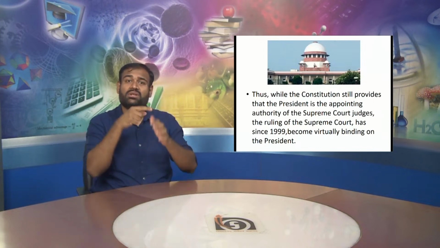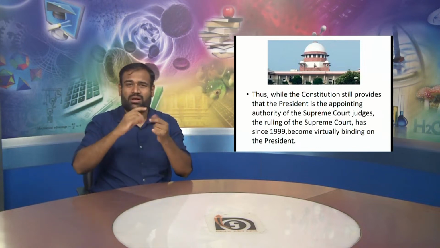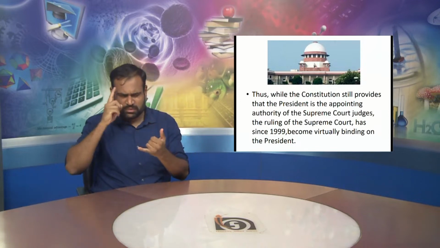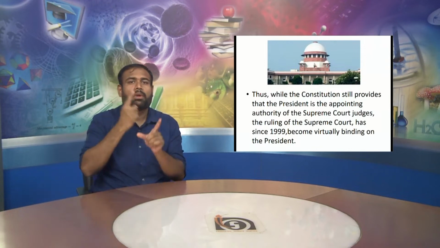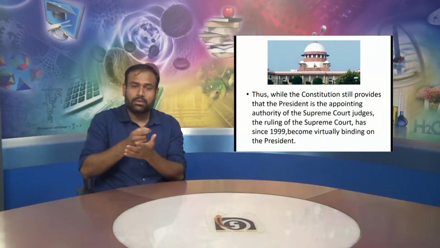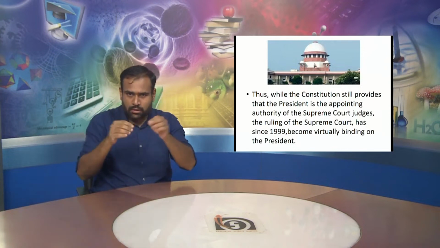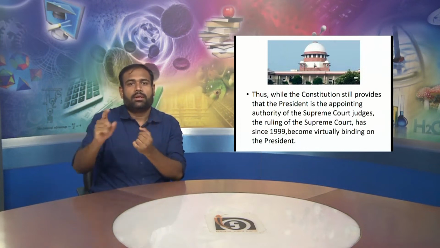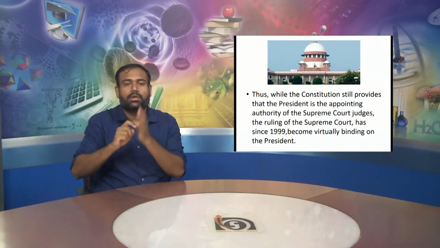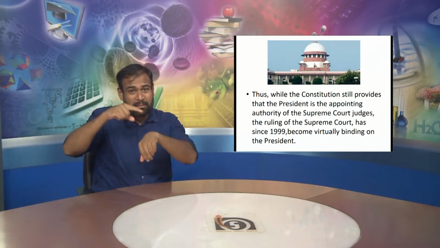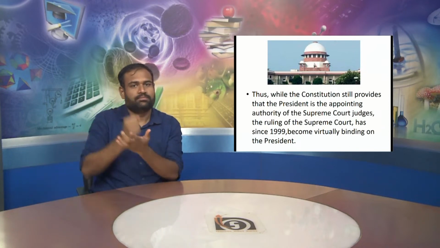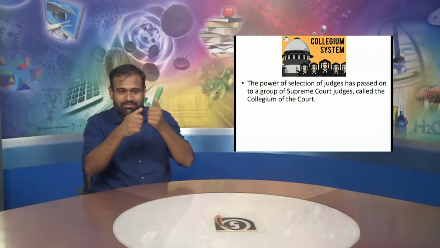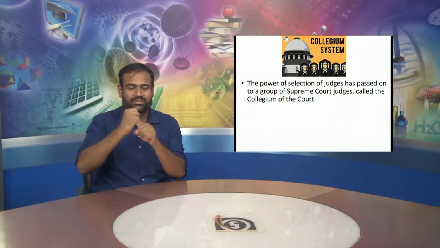Thus, while the Constitution still provides that the President is the appointing authority of the Supreme Court judges, the ruling of the Supreme Court has since 1999 become virtually binding on the President. Let us now understand the collegium system.